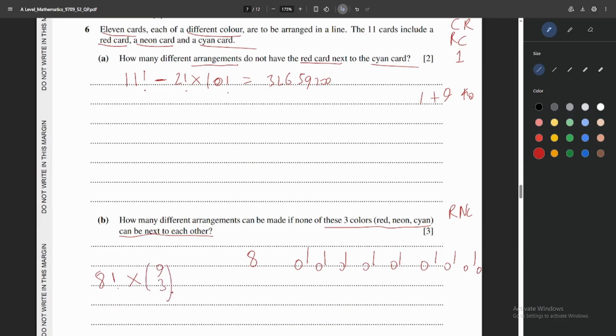Since we're using combination here, we also multiply by 3 factorial, because we're just choosing randomly, so RNC and NCR would be the same thing. So multiplying by 3 factorial also accounts for the different arrangements, and doing this we get 23,21280.